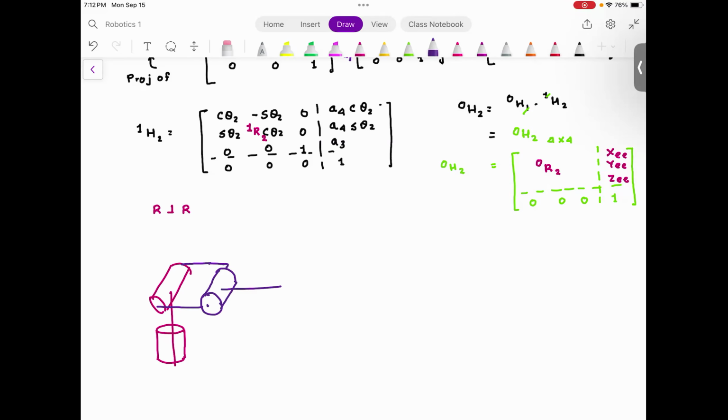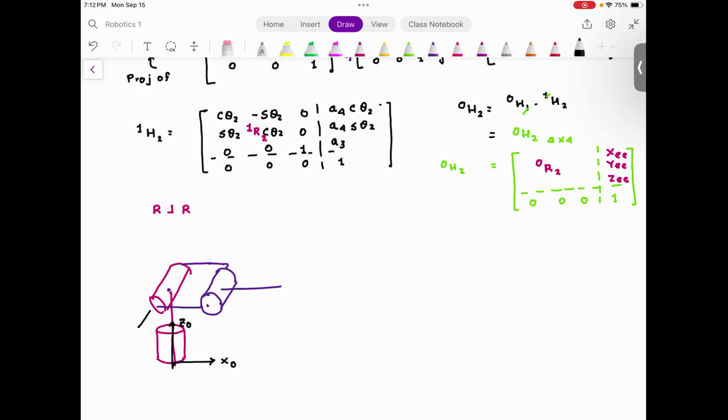First revolute joint, second revolute joint, and third revolute joint. So I will set up the coordinate system. This is going to be your Z naught. And I'm going to call this X naught.